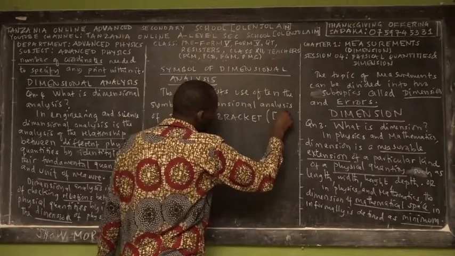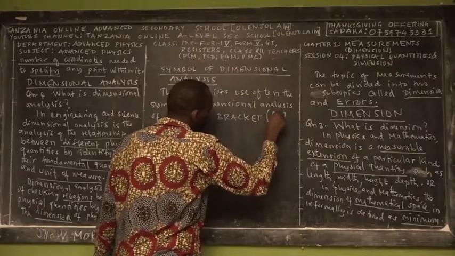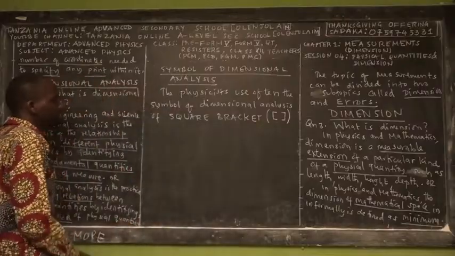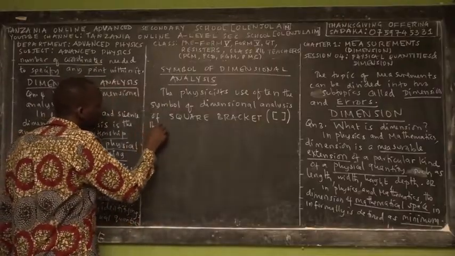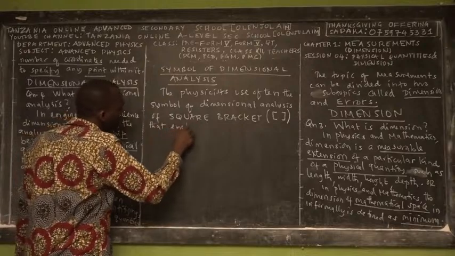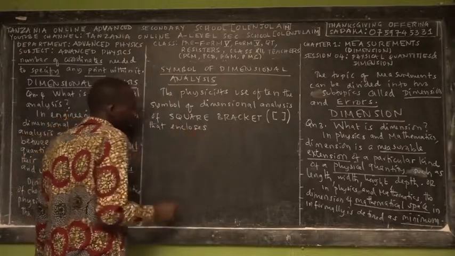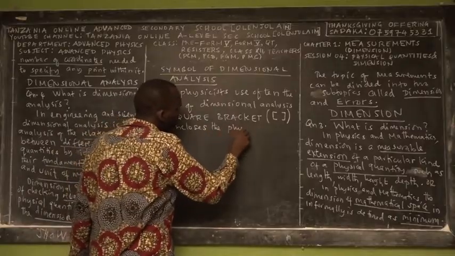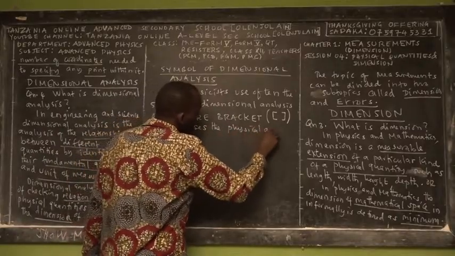So you have a square bracket enclosing what? The physical quantity. Square bracket that encloses the physical quantity.